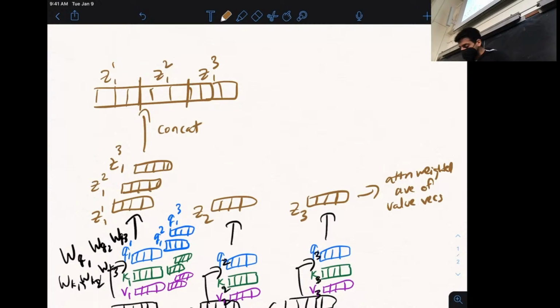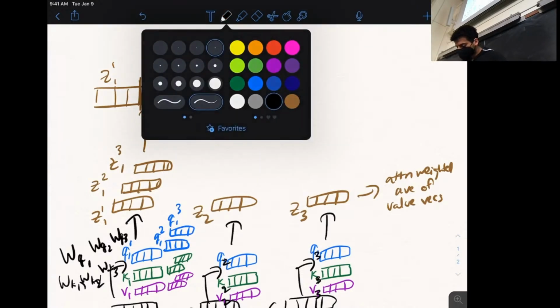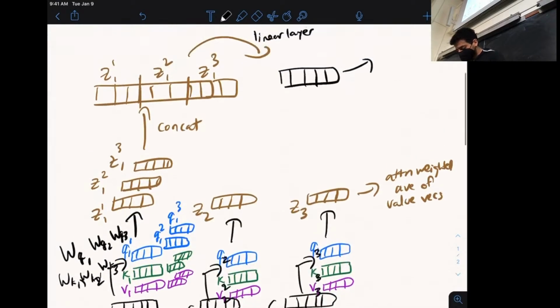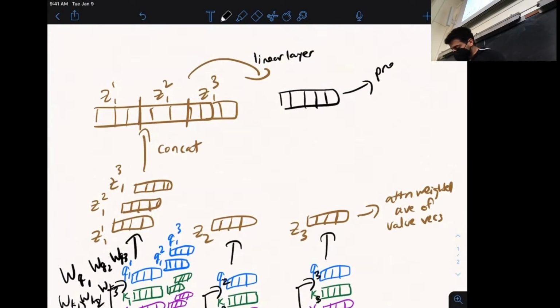Then I pass this thing through a feed-forward layer, and by feed-forward I mean like linear or fully connected, whatever terminology you want. Let's say linear layer. And I'll get some vector that's composed of all of the concatenated things together. And from this I'll predict the next word, which in this case was open.